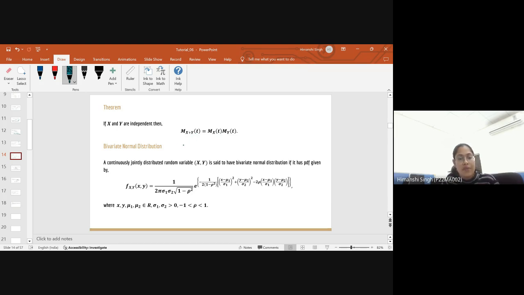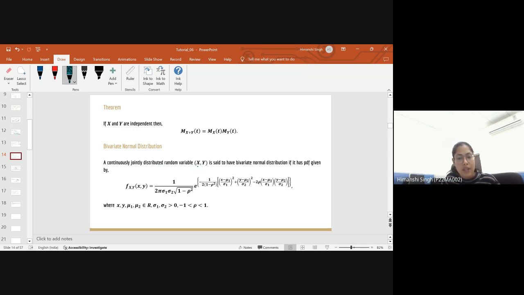Now, apart from this, we have the bivariate normal distribution. We have already studied the normal distribution, where the density was of the exponential form. So if I have two random variables, what will be the bivariate normal distribution? Obviously we are considering x and y to be continuously jointly distributed random variables.